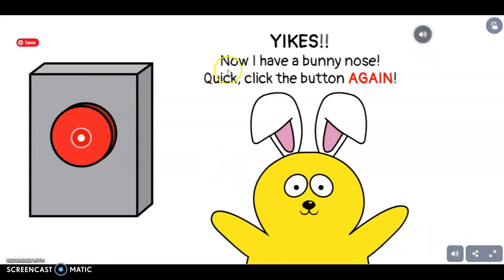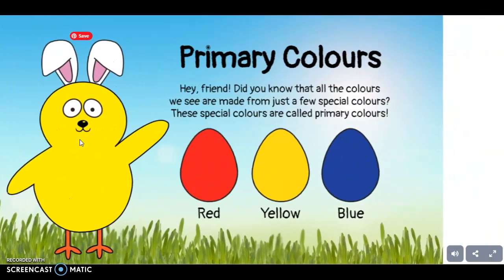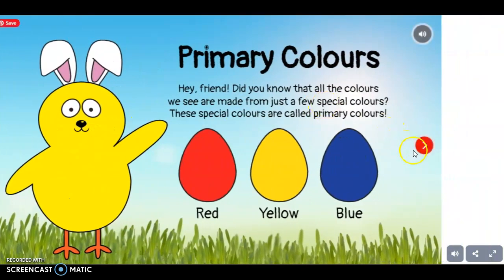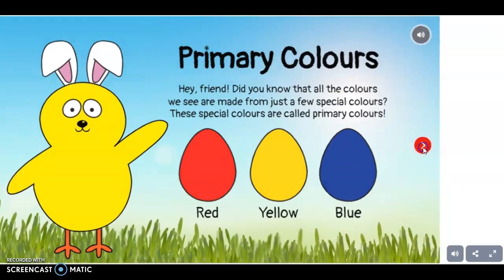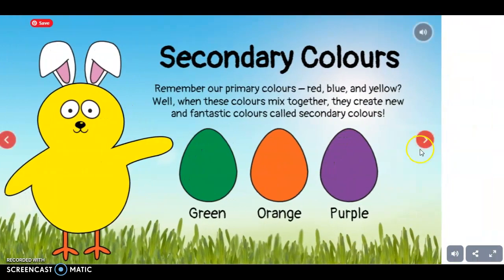As I mentioned, there is no arrow on this slide, and the reason behind this is to capture the student's attention to click the red button. We commit to the Ontario curriculum for grade 1, so we provide an overview of the primary colors and the secondary colors as well.